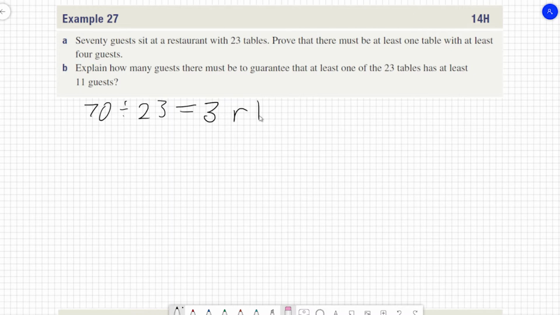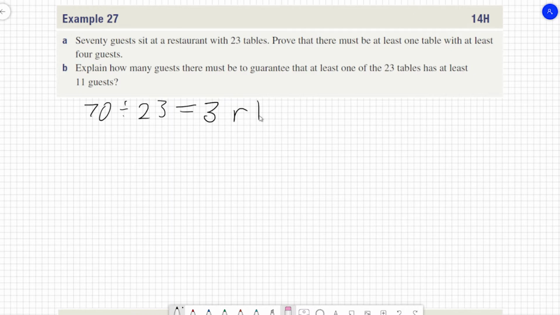So we know that with 23 tables, 70 people can fill 3 in each table. So that's guaranteed. And then one extra person will bring at least one table to at least 4. Of course, once again, all 70 people could be sitting at the same table, or maybe 7 each on 10 tables.